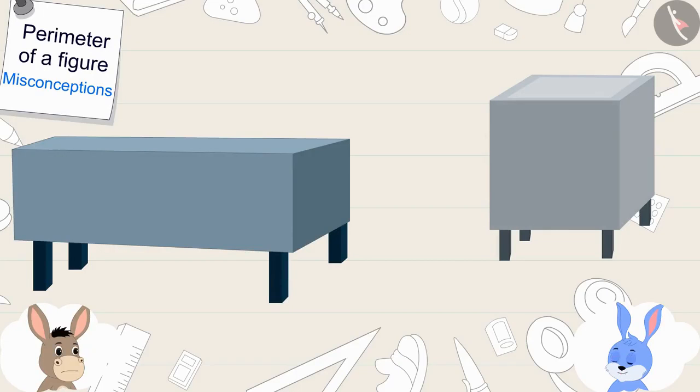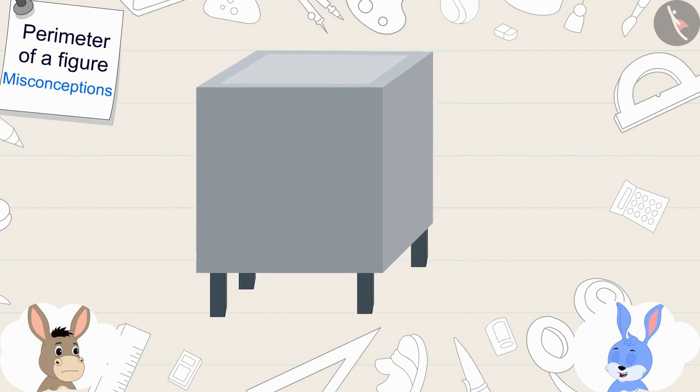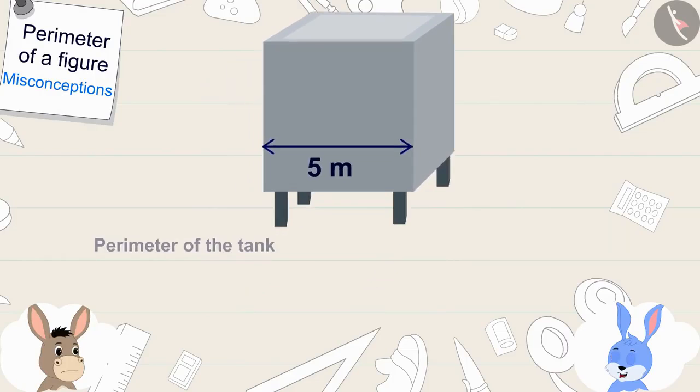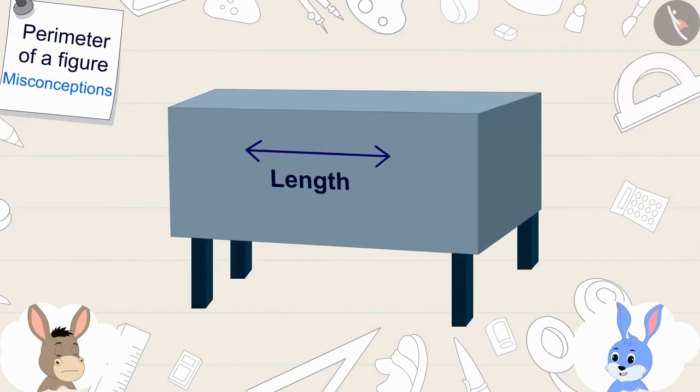Let's see, Bhola. The size of the side of my square-shaped tank is 5 meters. So, the perimeter of the square-shaped tank will be 5 multiplied by 4. That is 20 meters. And the length of your rectangle-shaped tank is 6 meters and the width is 4 meters.